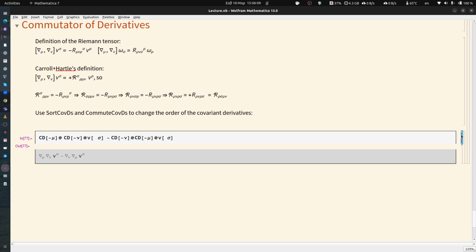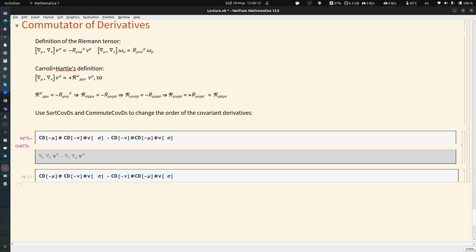So let's manipulate this expression and obtain expressions that have the Riemann tensor as defined in those relations shown before. There is a function which is called SortCovDs. That will take all terms and put the covariant derivatives in a canonical order.